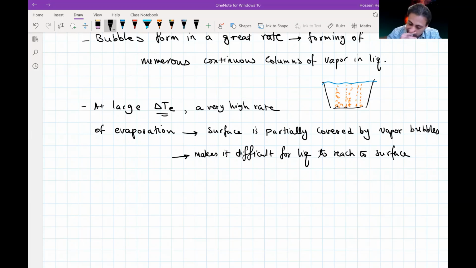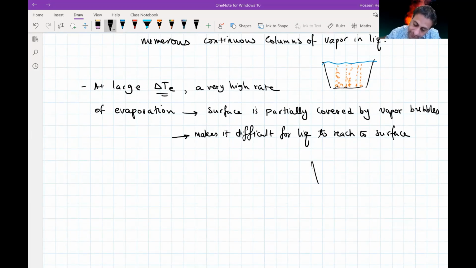So let's say we have this surface that had evaporation, and now part of it is covered by vapor. The liquid cannot really see this part of the solid surface, and that's why the heat transfer from the surface is getting impaired.